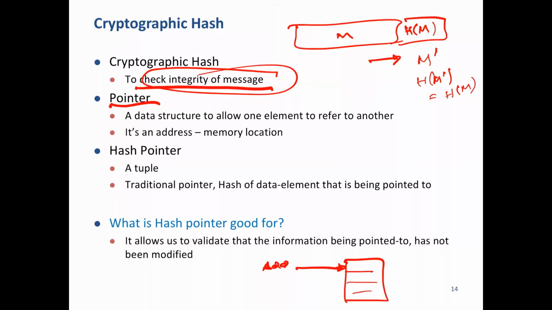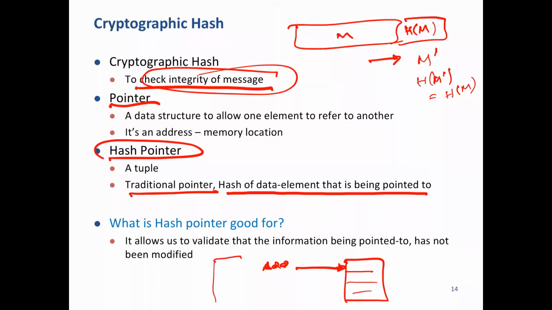Okay, hash. What is a hash pointer then? A hash pointer is a tuple, which means it has two things. First is the traditional pointer, and then the hash of the data element it is pointing to. So I have a data element, which may be anything. It may have a lot of records, and something is pointing to that.